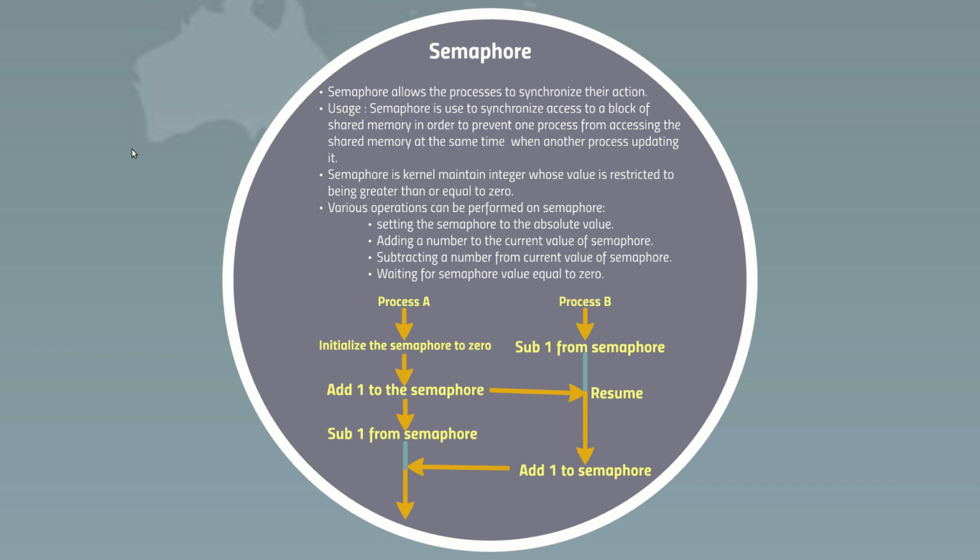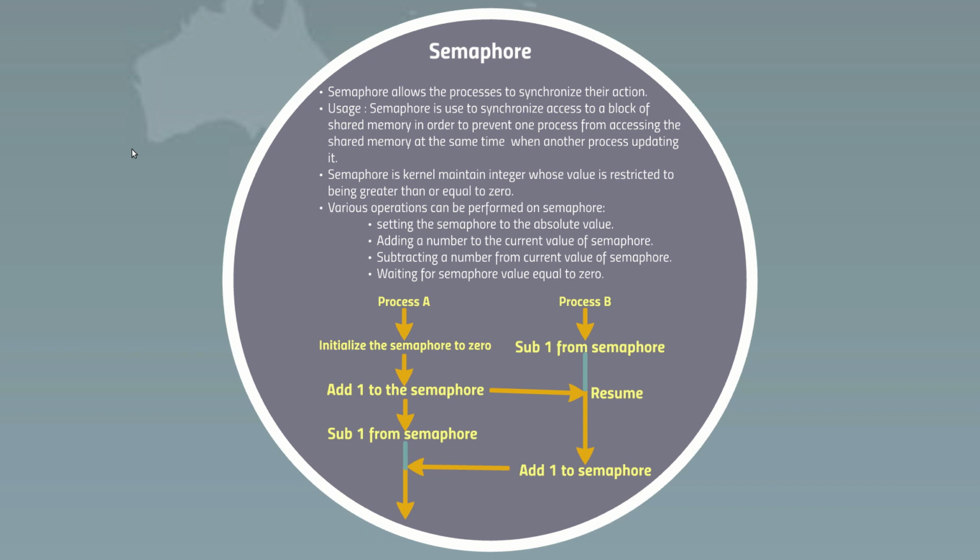Then the first is made free, so the other process can start. We'll go further into that, and then you can understand how in a semaphore that block of shared memory is synchronized.